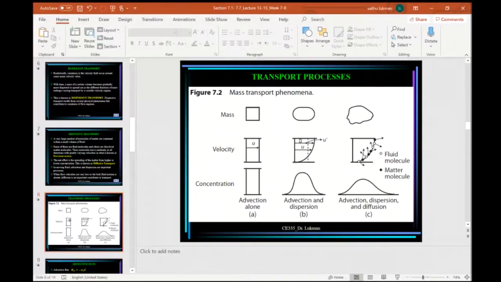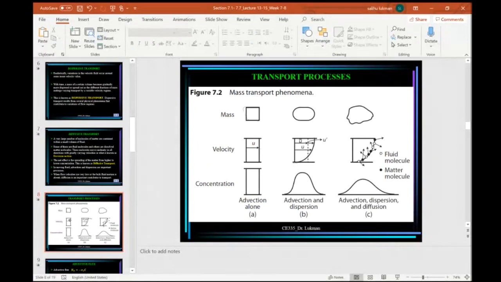So the velocity varies. For advection alone, the velocity is assumed to be uniform. This is the average velocity, and every particle within a cross section is assumed to have the same forward velocity. So the mass will move like a block. It will not be distorted.